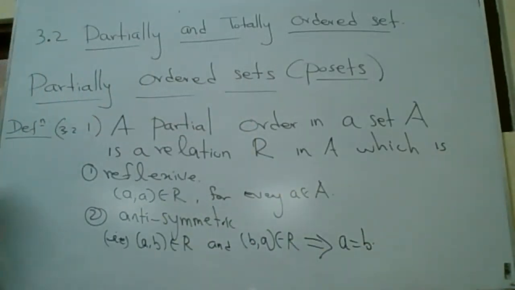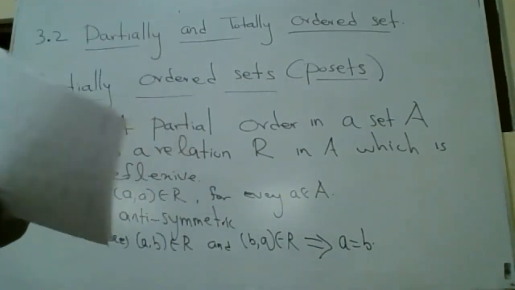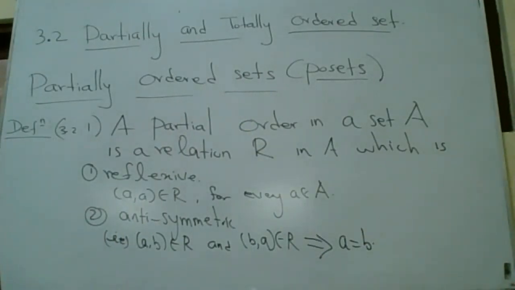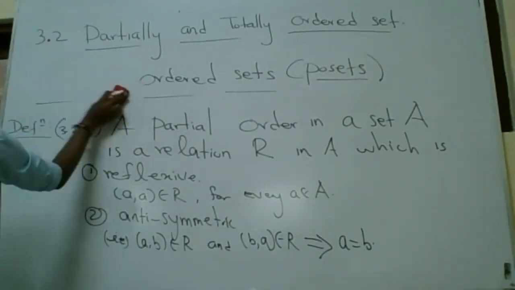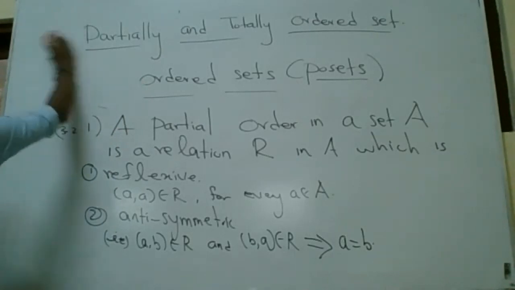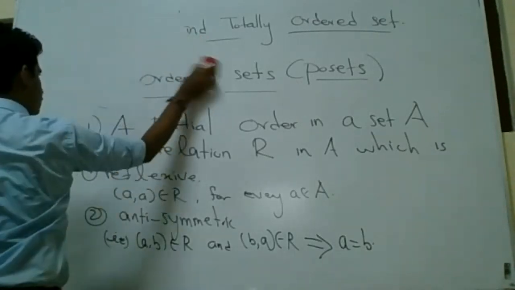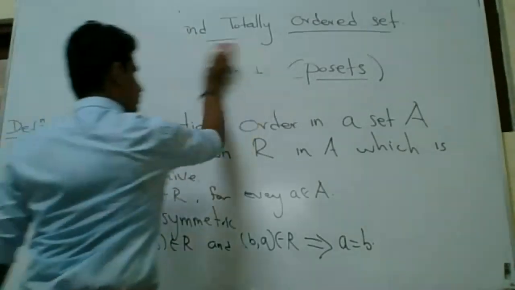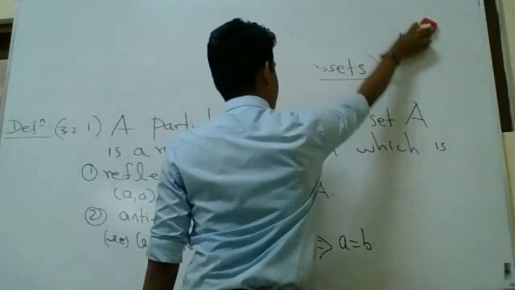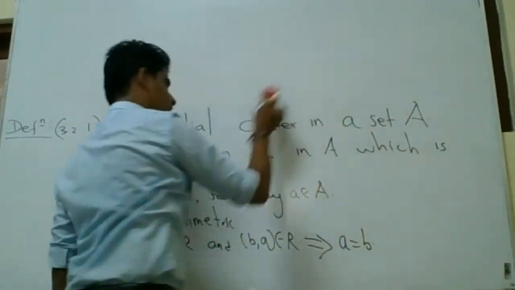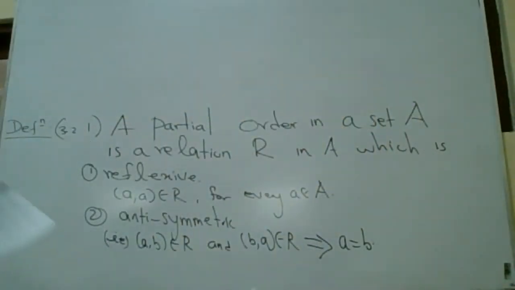It is for the antisymmetric case. Remaining, you want to check the transitive. You already know the transitive definition from the equivalence relation, which is reflexive, symmetric, and transitive. This transitive is the same here. To satisfy reflexive, antisymmetric, and transitive, then you can say that the set is a partially ordered set.